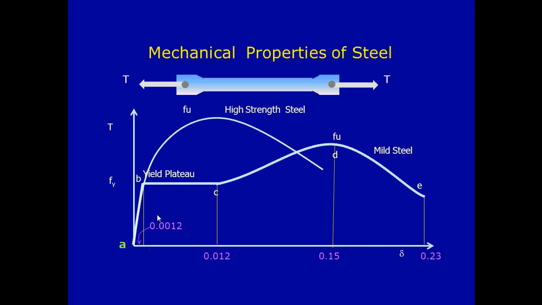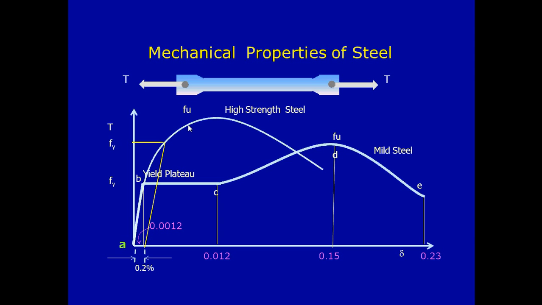This is the force deflection behavior of a high strength steel bar, and this is the ultimate strength of the high strength steel bar. As we can see, in case of high strength steel bars, no definite yield point is available, so we have to use the proof stress concept.